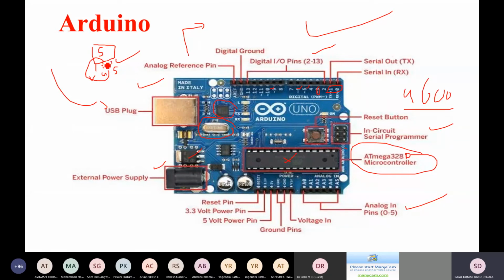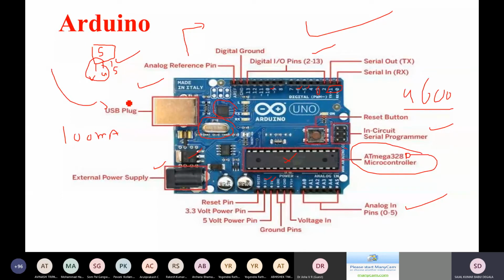That means this sensor needs some power supply for its operation, because for doing any sensing it needs power supply. The Arduino board is capable of giving a 5 volts or 3.3 volts supply, but remember that you have to connect only those sensors which have a current rating below 100 milliamps, because the Arduino board is not capable of providing power for sensors that take more than 100 milliamps.